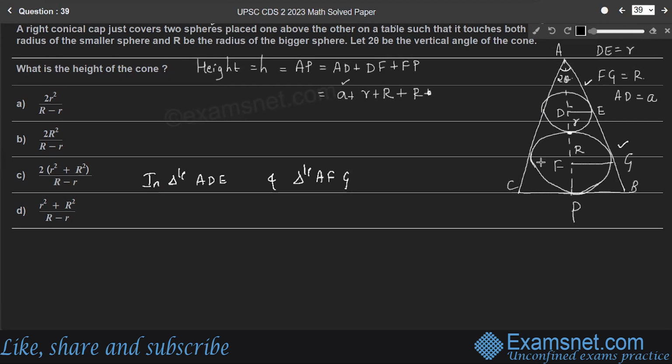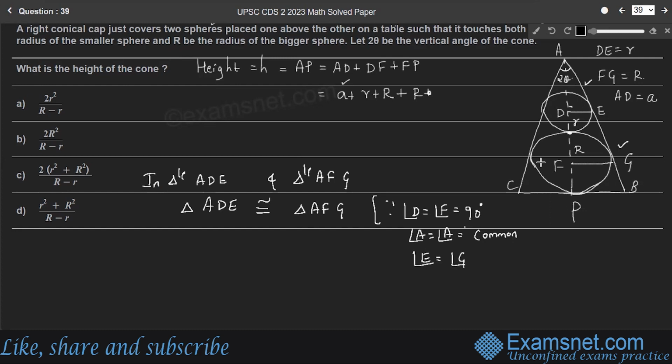So triangle ADE is similar to triangle AFG. The reason is angle D is equal to angle F, these two are right angles, and angle A is equal to angle A in both the triangles, so it is a common angle. And the remaining pair of angles are obviously equal. Angle E is equal to angle G. Therefore, these two triangles are similar.